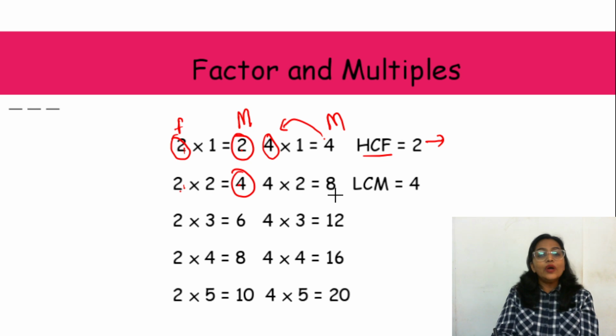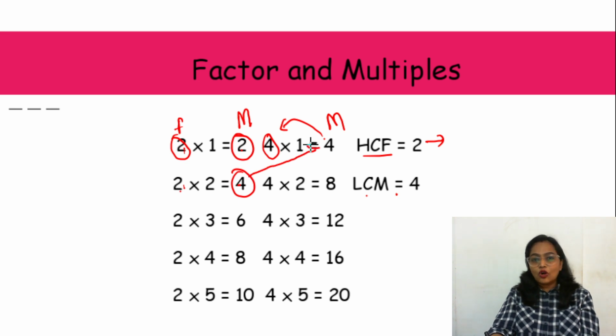Okay. Now, LCM. LCM is the lowest common multiple, that is a multiple which is smallest and common for both the numbers. Now if you see the multiples of 2, then these are the multiples of 2. Multiples of 4, these are the multiples of 4. If you see the common multiple, this is the common multiple, right?